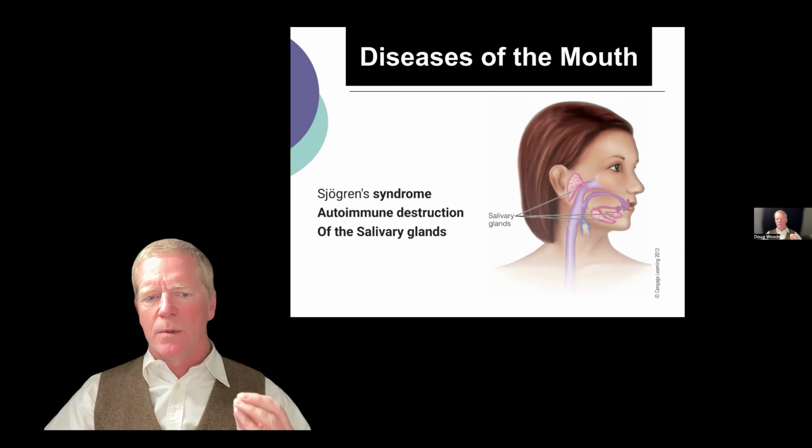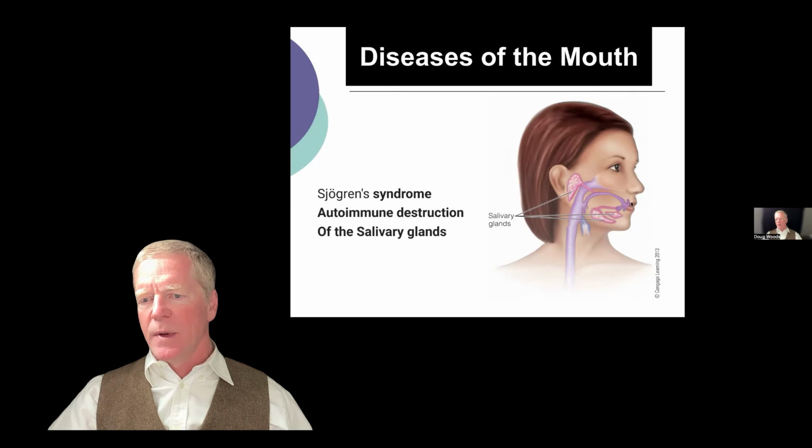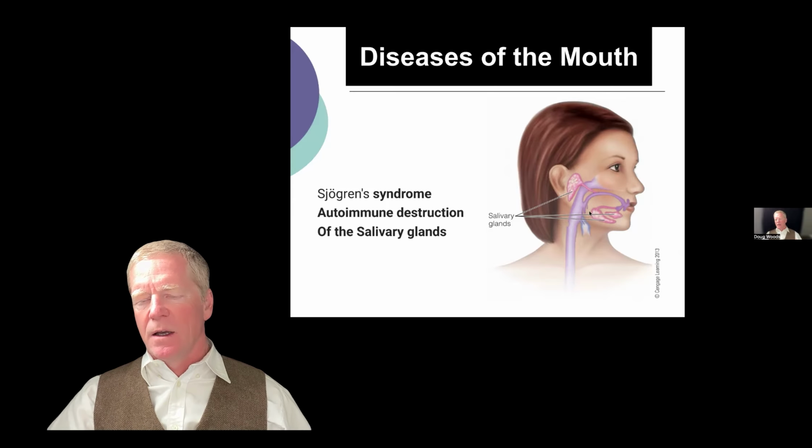This is autoimmune destruction of the salivary glands. The salivary glands are found here and here in the head. They secrete saliva, including enzymes, into the mouth and start the digestive process. Autoimmune destruction of these glands is a rather painful condition because your body can no longer produce saliva and it becomes difficult to swallow.